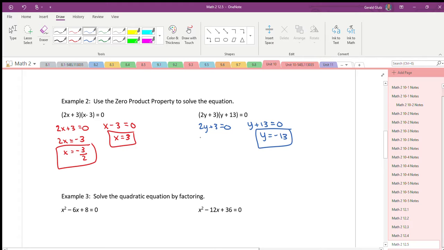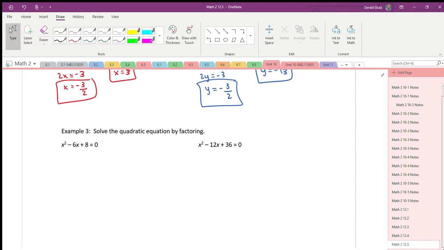This one I'm going to subtract 3 and get 2y equals negative 3. Then divide by 2 and I get y equals negative 3 over 2. So my answers are y equals negative 3 halves and y equals negative 13. That's kind of how the zero product property works. We just set each of the factors equal to 0.